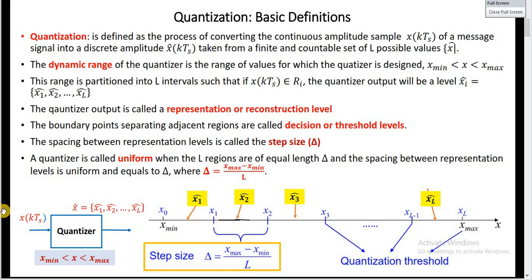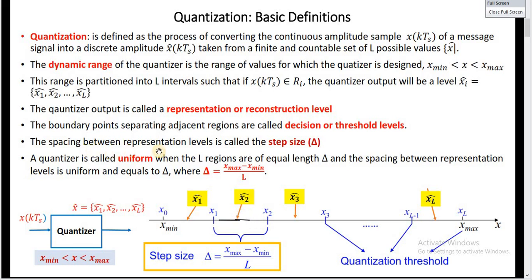If the continuous set of values x of kTs belongs to this interval between x1 and x2, the output of the quantizer will be x2 cap. So regardless of the actual value of the sample, the output is the same, and that will be x2 cap.